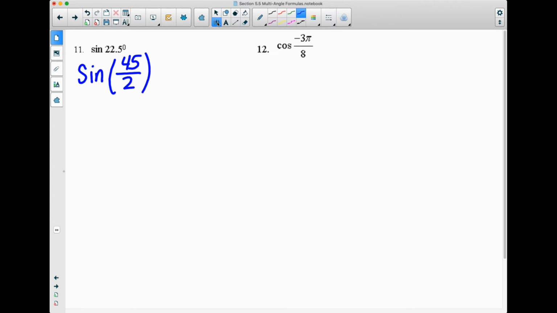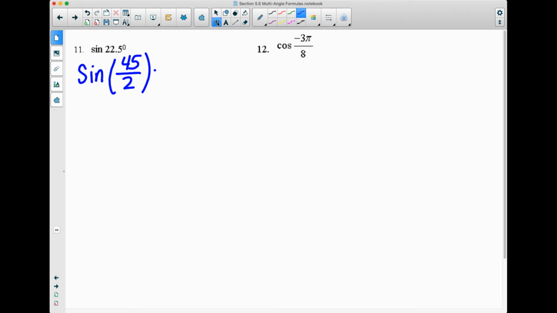If you notice on these formulas, we have plus or minuses. Well, what are we evaluating? Okay, what quadrant is that in? One. So then it's a positive. That's what the plus or minus is: what you're actually evaluating determines if it's plus or minus.